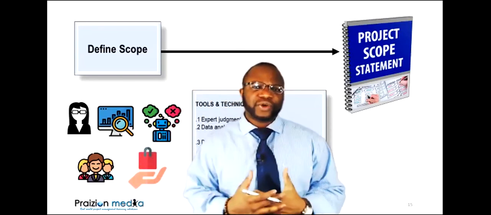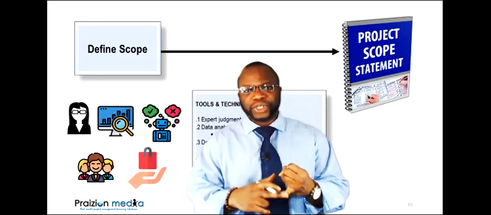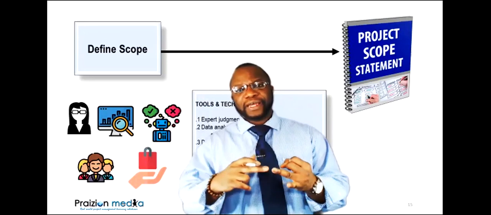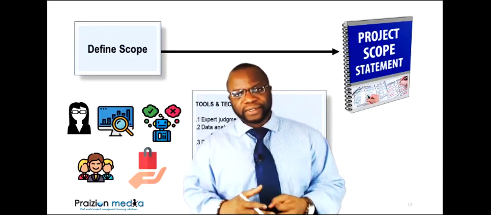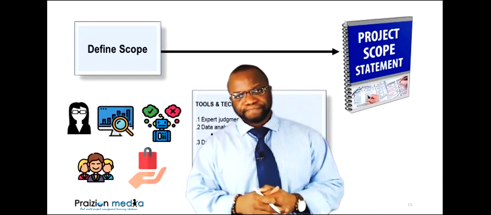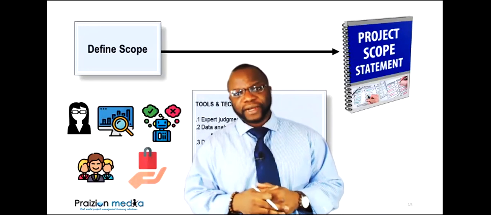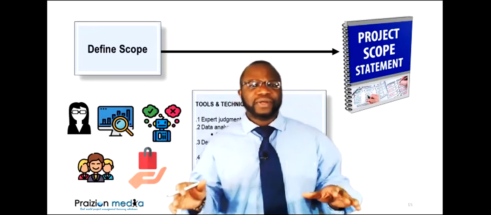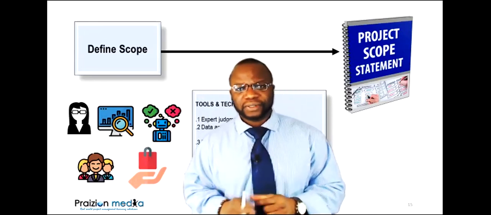And a project scope statement is a document that explains inclusions, exclusions, and the detailed deliverable description and the acceptance criteria so that there's no shadow of doubt as to what exactly should be done on the project.